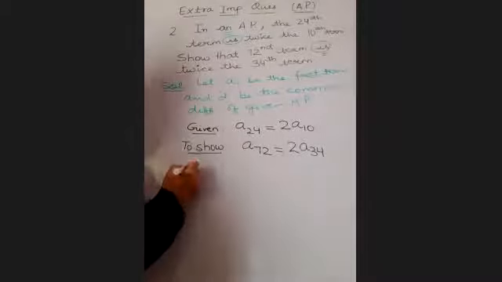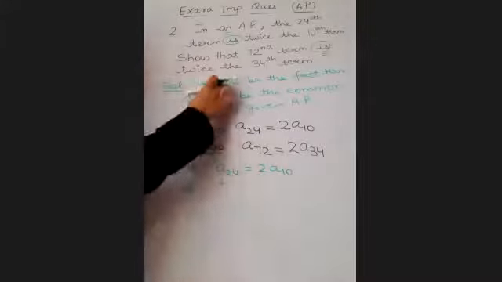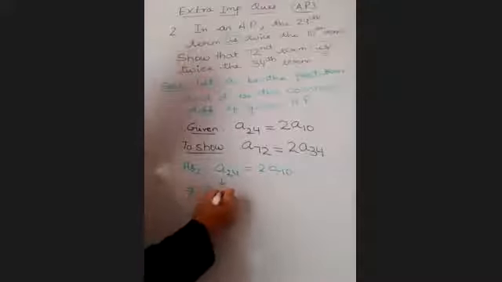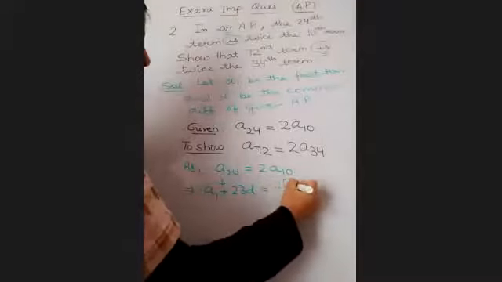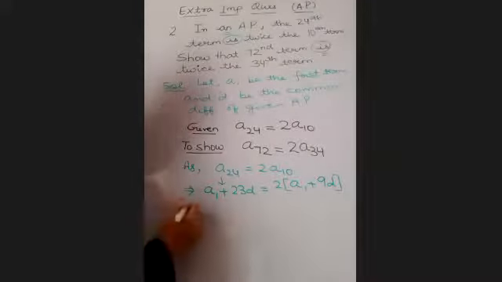Now, whatever is given to us, we will build on that only. As A24 is equal to twice of A10, let us apply the formula, beta. What is A24 in terms of A1 and D? A1 plus 23D. And this is 2 times A1 plus 9D. Now rearrange.